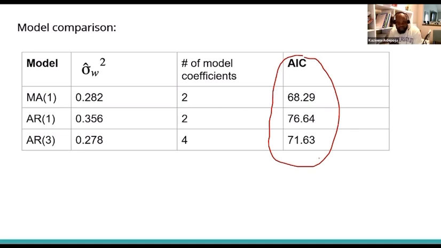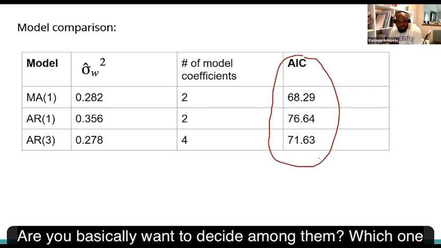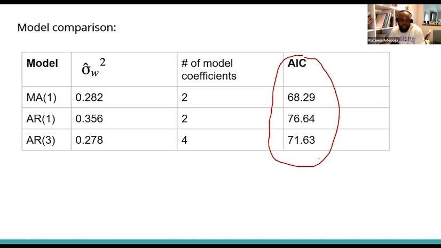Take a look at that. So if you find yourself in a situation where the models pass a lot of tests and you want to decide which one is the most appropriate, because there's always going to be a most appropriate among the competing models, that is why you use AIC.